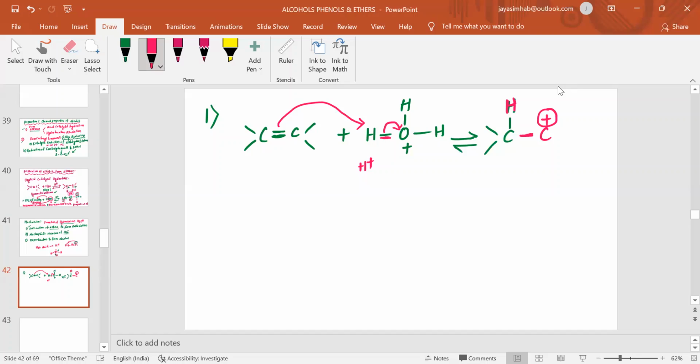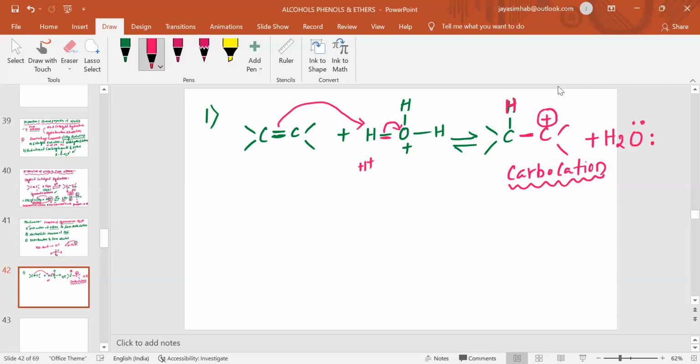What will happen now? The same thing. So this is the carbocation: carbon with positive charge, plus H2O. Because it has taken back its pair of electrons, oxygen will contain both lone pairs of electrons.